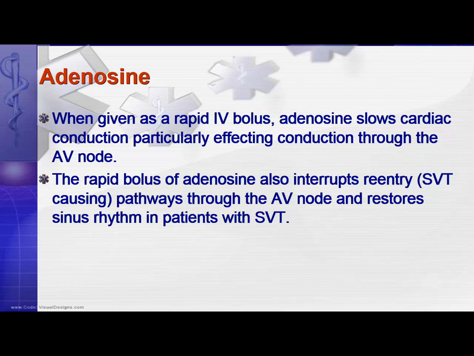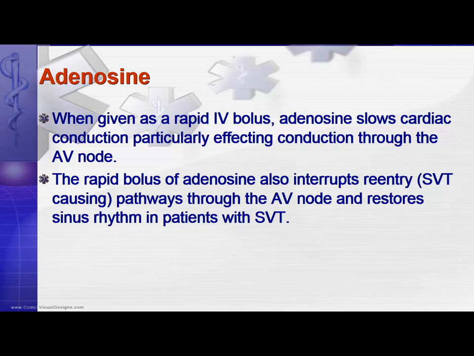But let's say you've got a patient that's in atrial fibrillation with a rapid ventricular response. If you give adenosine, it's going to still slow conduction at the AV node, at least momentarily, and so that's why you may see that slow down of the rate, and you can actually use adenosine as a diagnostic tool, because you can get that rhythm slow enough to where you can see, hey, it is an irregular atrial fibrillation here, so we need to switch modes and we may need to go to something different.